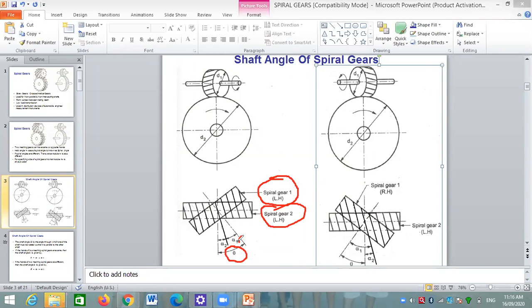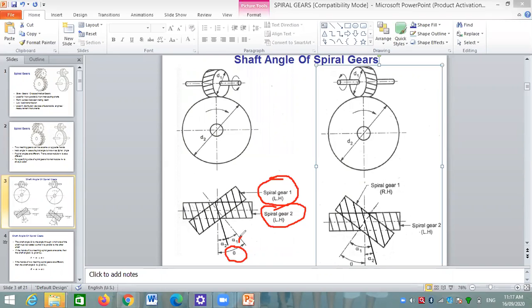Means if in a spiral gear, gear 1 is left-handed and gear 2 is also left-handed, then shaft angle theta is the summation of spiral angle 1 plus spiral angle 2.